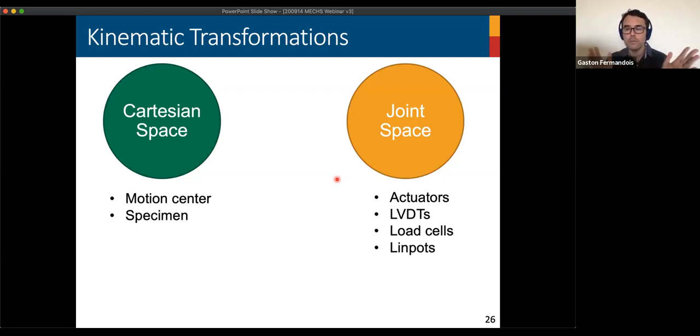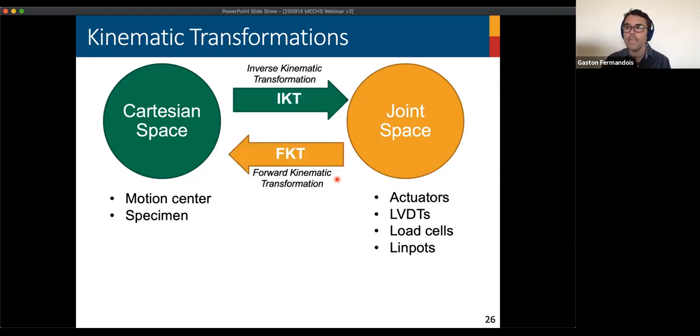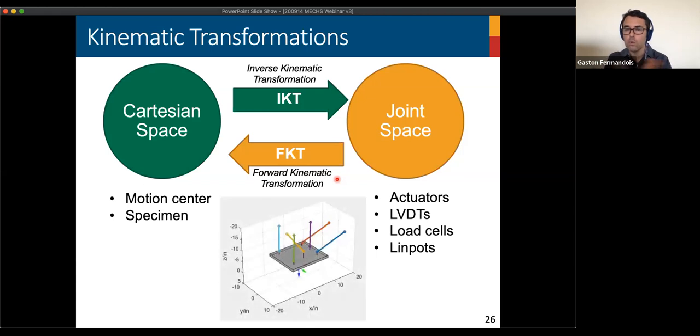So these 2 spaces are located in a different place, and we need a way to translate the information from Cartesian space to joint space. That is done through kinematic transformations, and there are 2 important kinematic transformations in this framework. The inverse kinematic transformation to go from Cartesian space to joint space, and the forward kinematic transformation to go back from joint space to Cartesian space.